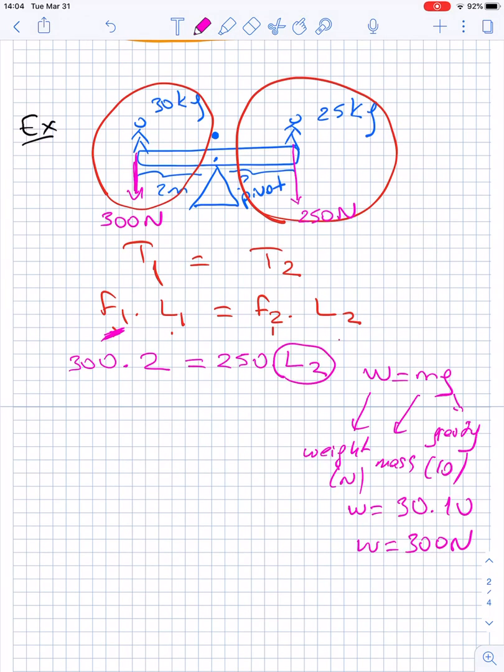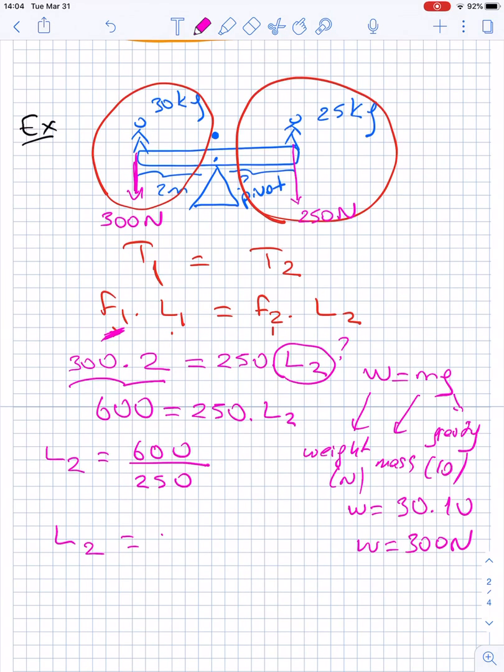And L2 we don't know, it is asked. Okay, 300 multiplying 2 is 600, equal to 250 multiplying L2. Okay, L2 is equal to 600 over 250. L2 is equal, my result, 2.4 meters. Is it right or not?